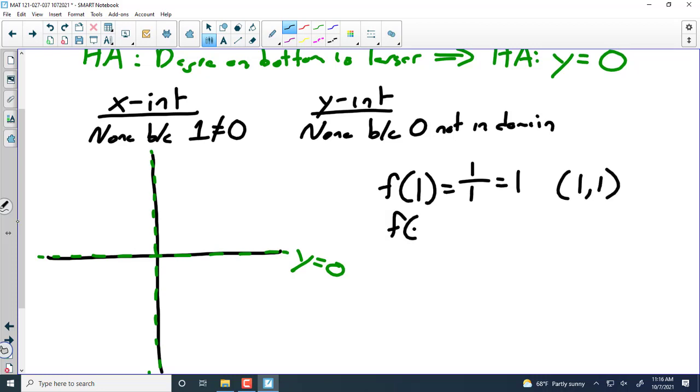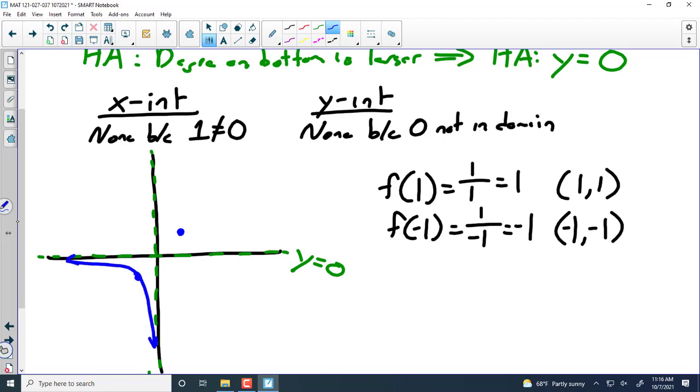And when we plug in a negative 1, we get a negative 1. So we have a point here, we have a point here, and we hug our asymptotes. And just like that, we can sketch that function.